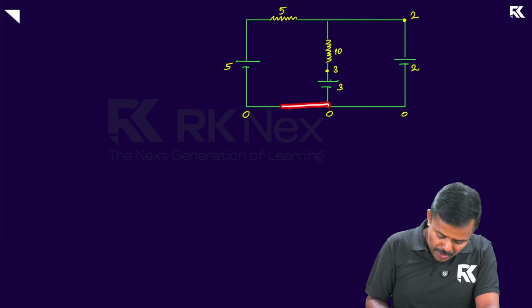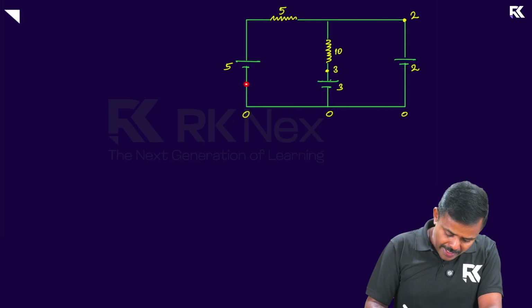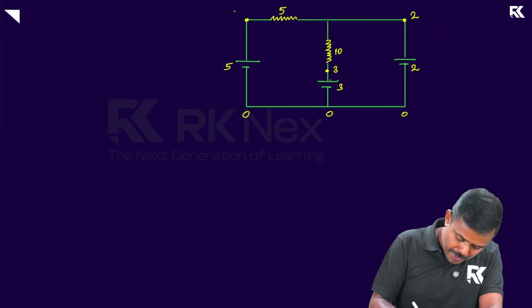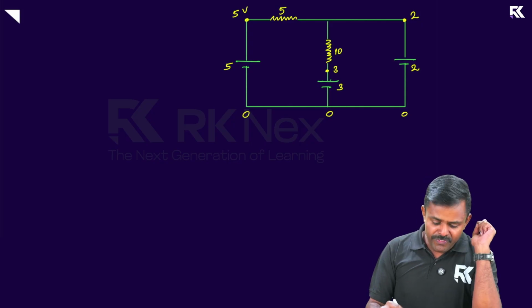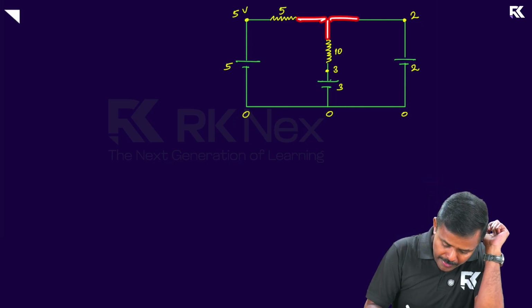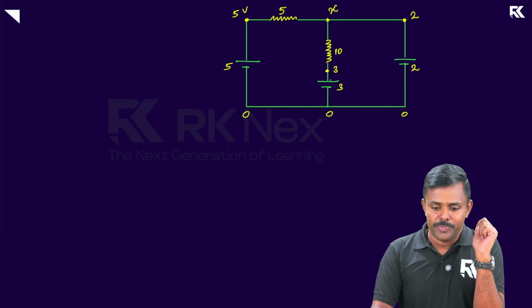In the same way, if I walk along this, I meet the negative of the cell again, and as I walk up, the potential has to be raised by 5, and this point comes to be at a potential of 5 volts. For the common point here, I can take the potential as x volts because it is an unknown quantity.